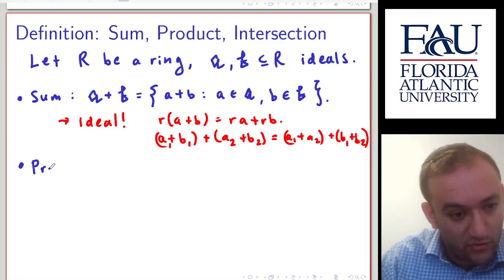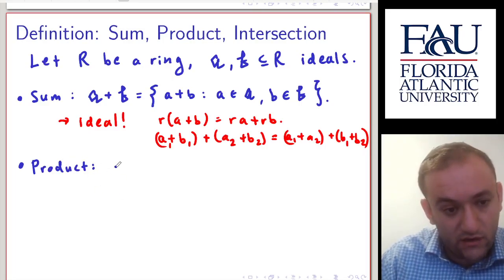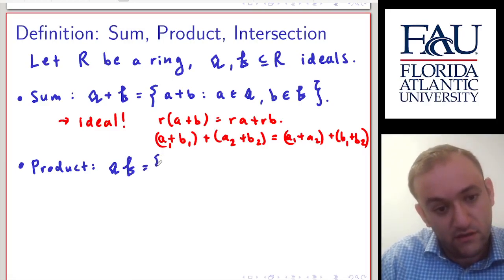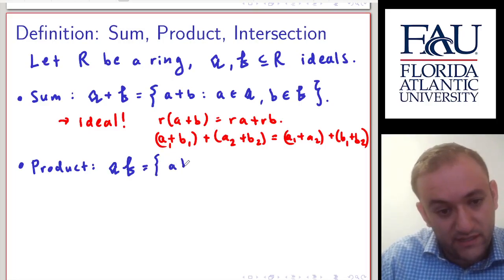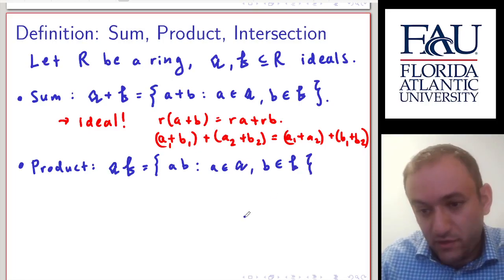Now let's look at the product. So here we denote it as A times B, okay, just by concatenating the symbols. And this is the set of elements ab, where a is in A and b is in B. But this actually would not be an ideal as defined.